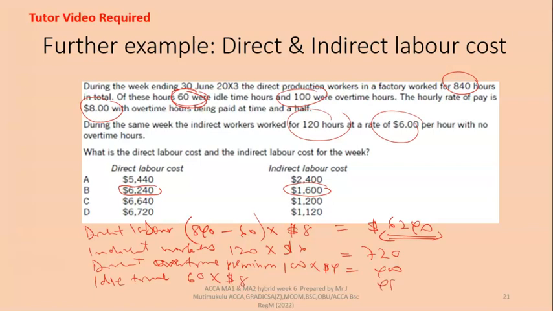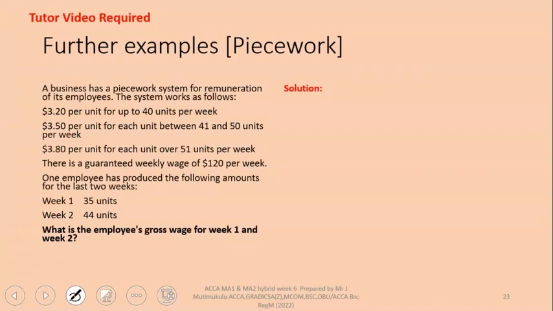So 480. We then add them up and get a total of 1,600, and this is the figure here. All right, let's move on.